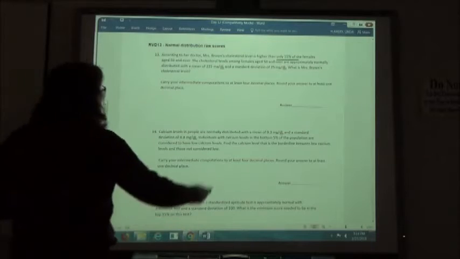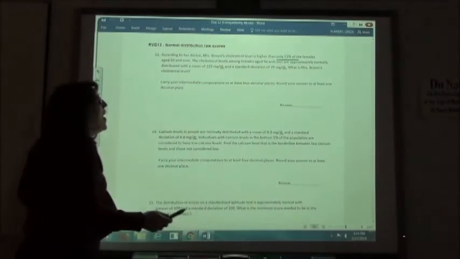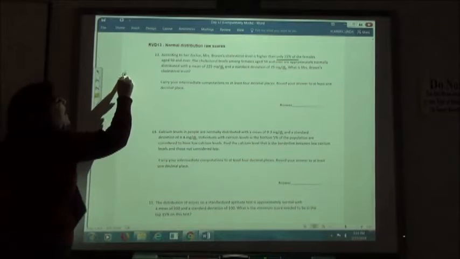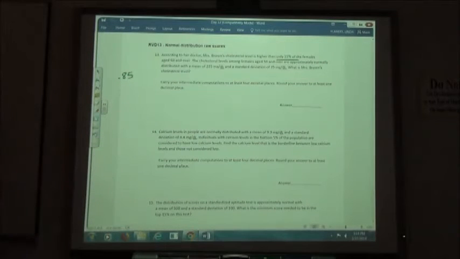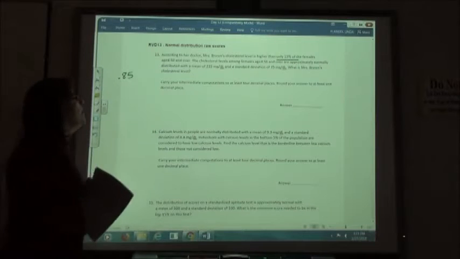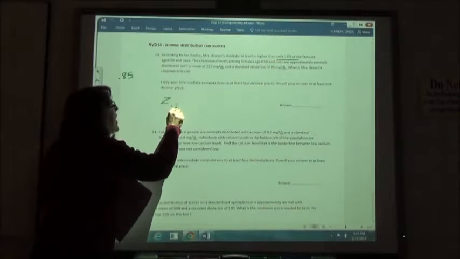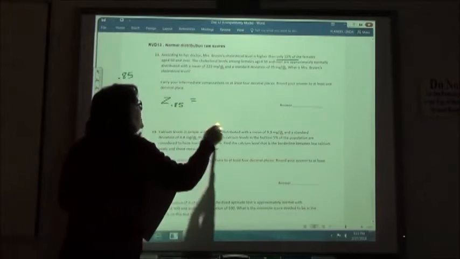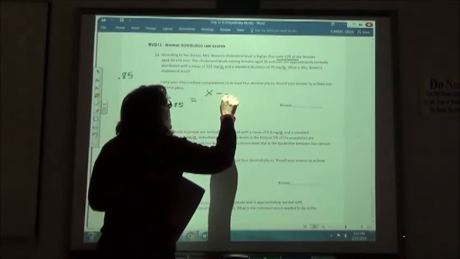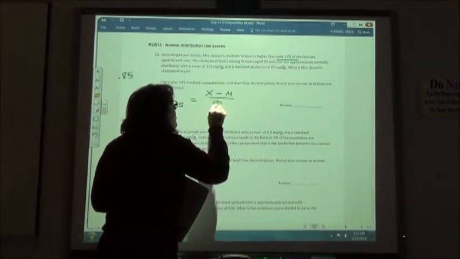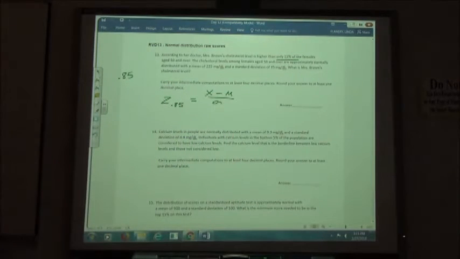Because if only 15% of the females are higher than that, that means that 85% would be lower, right? So what we're going to figure out is Z sub 0.85 has to equal X minus our mean over our standard deviation. We know the mean and the standard deviation.